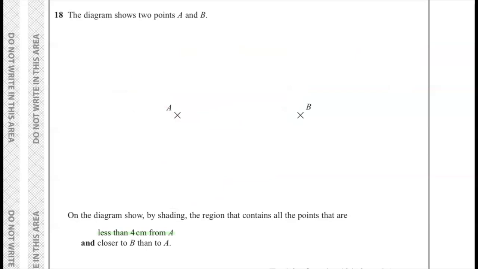The second rule is you have to be closer to B than to A. So I need to draw a line slap down the center that will split this perfectly in half. To do this, I'm going to be using a perpendicular bisector. It's still our compass work.